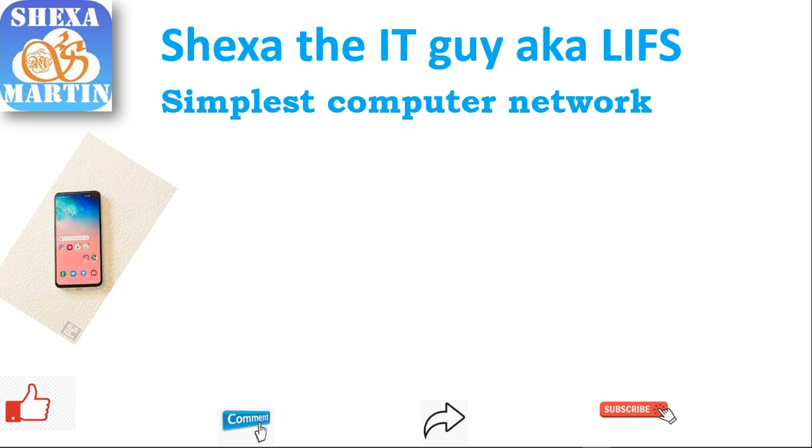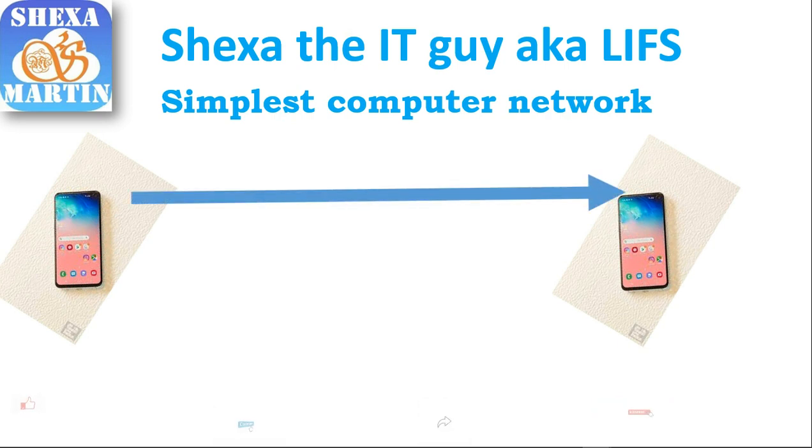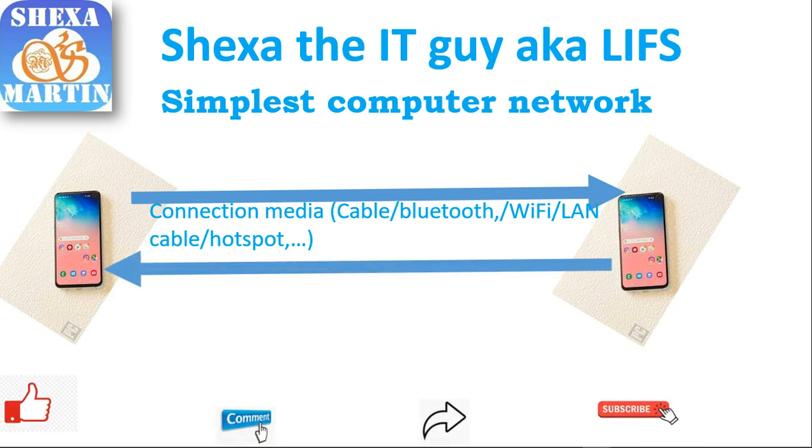For example, a mobile phone is sending data to another mobile phone, maybe through Bluetooth or cable or Wi-Fi or LAN or hotspot and other kinds of media or connection technology. The other device might also send back some data, and then this is a network of 2 devices.